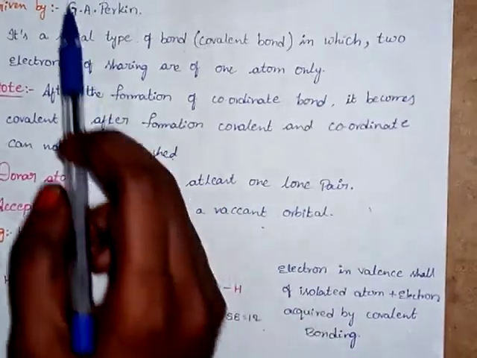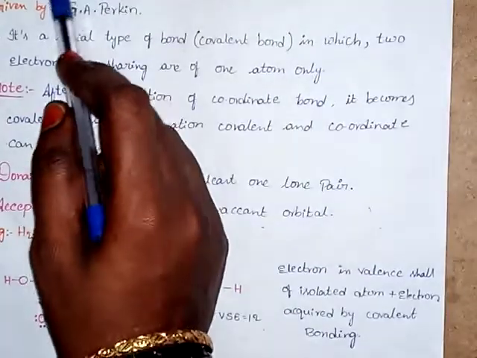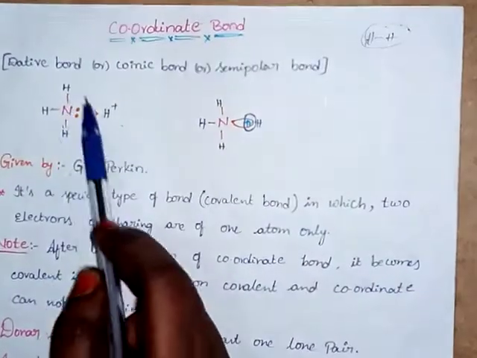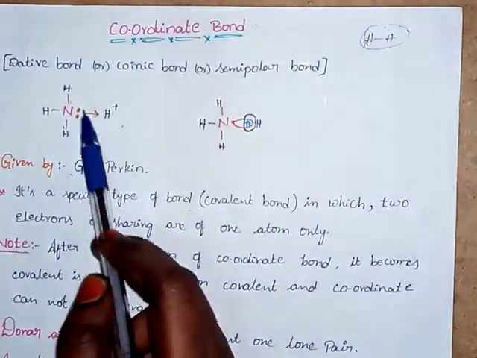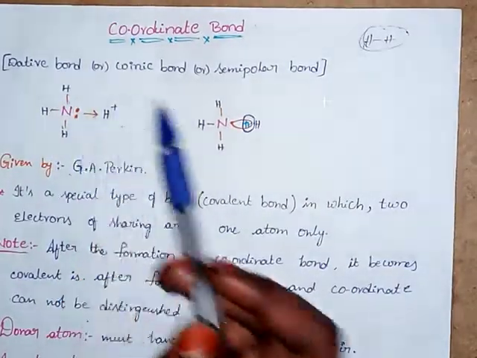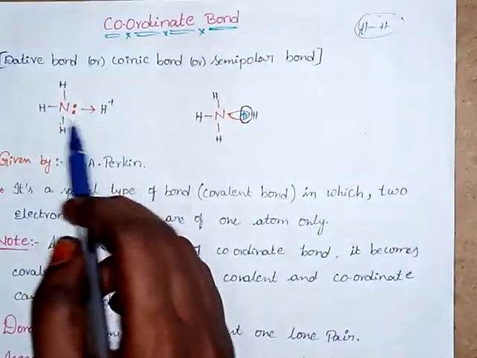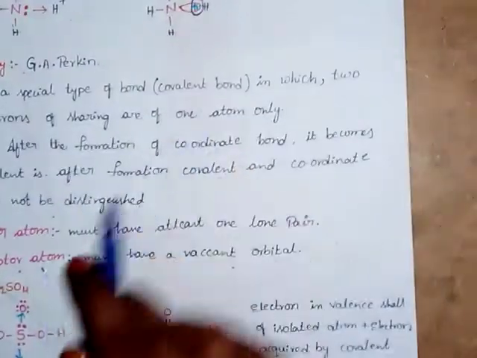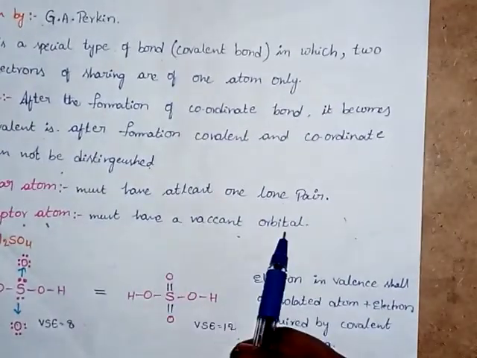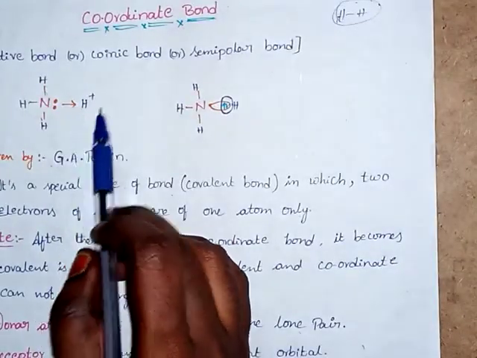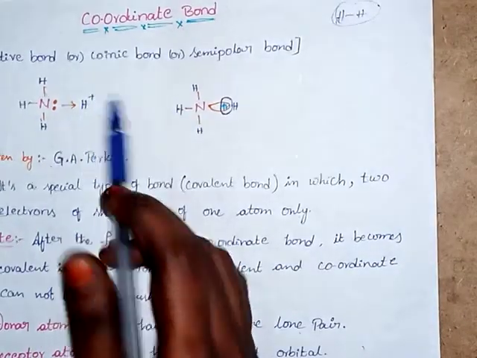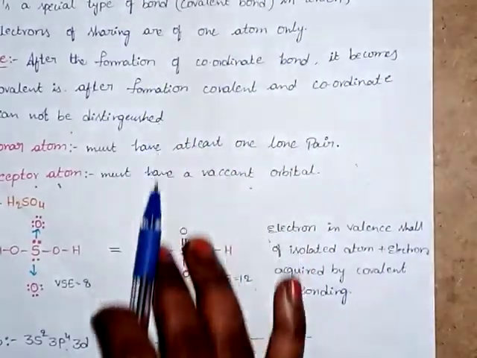This is a donor atom, having two lone pairs of electrons, so it must have at least one lone pair. And the acceptor atom must have a vacant orbital. The hydrogen atom has a vacant orbital, so the coordinate bond will form.